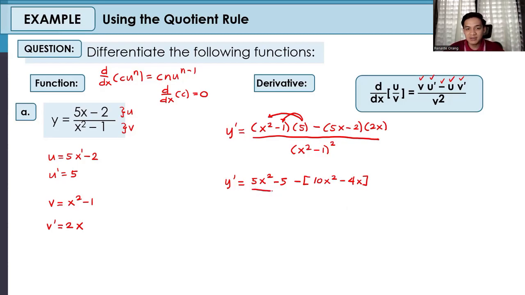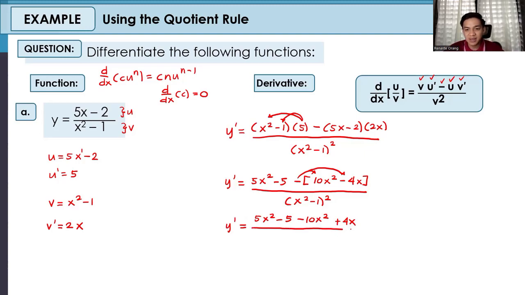So, ito lahat is divided by x squared minus 1 squared. Simplify natin ulit. Y prime is equivalent to 5x squared minus 5. Ito, negative. Multiply natin sa loob, magiging negative 10x squared. And then si negative, multiply natin sa loob, magiging positive 4x. So that is all divided by x squared minus 1 squared.